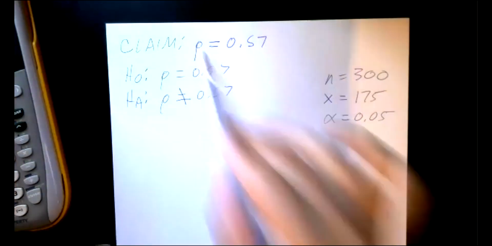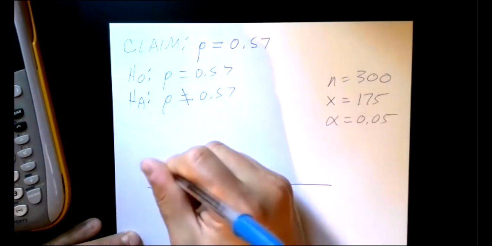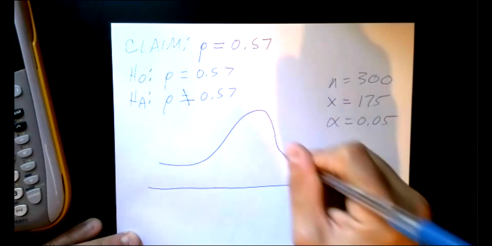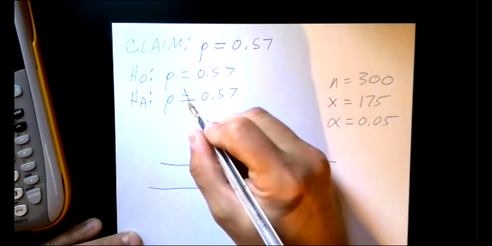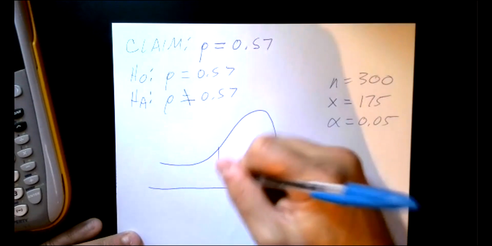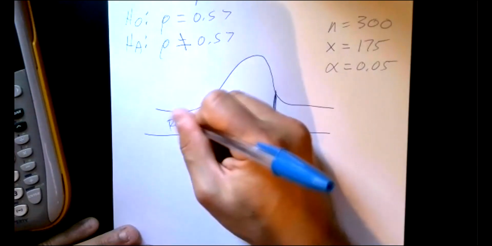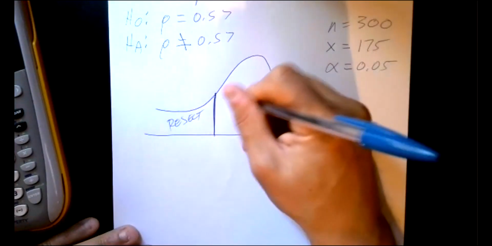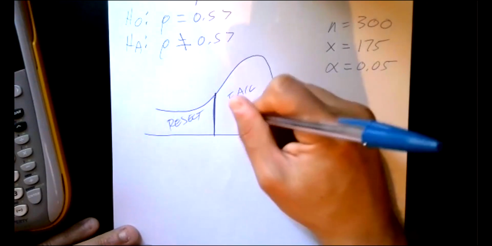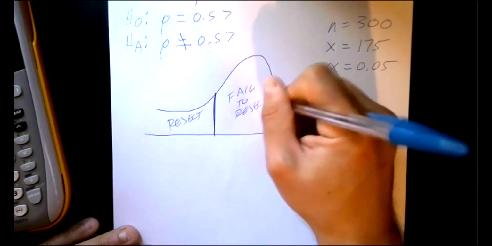Now, proportion always uses the z distribution. Because the alternative is not equal to, this is a two-tailed test. Reject, fail to reject, reject.